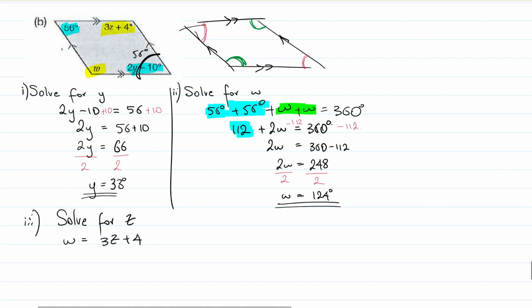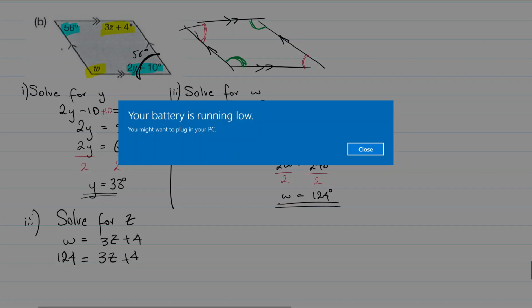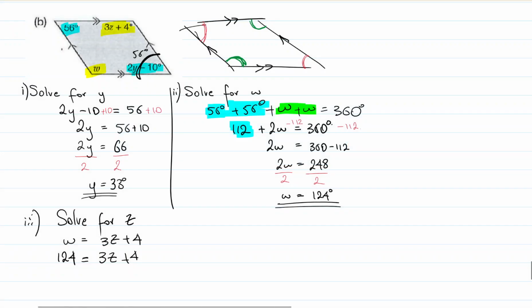Then, I already know what W is, Yasser. Tell me, what is W? 124 degrees. So I just found that from my previous step. And so 124 is 3Z plus 4.